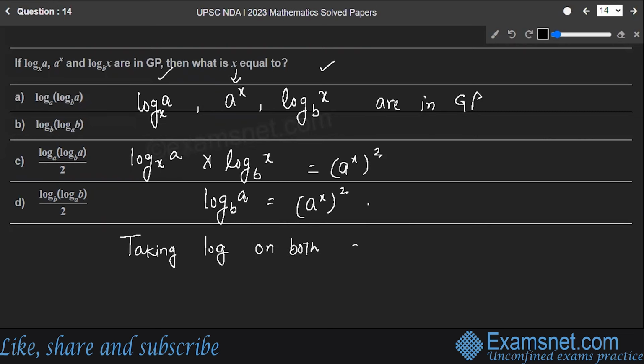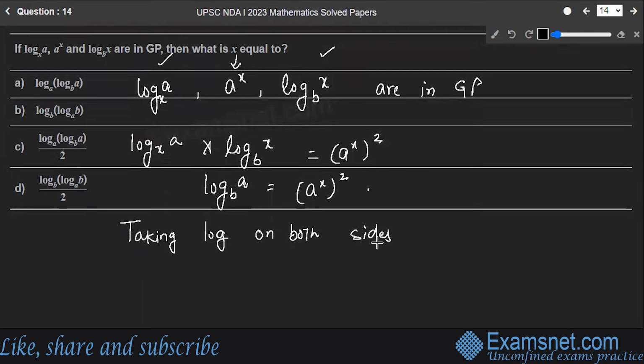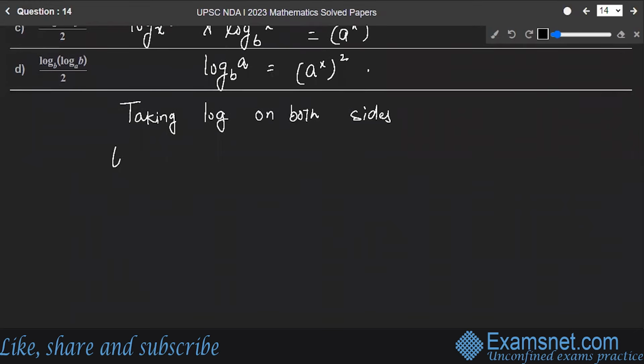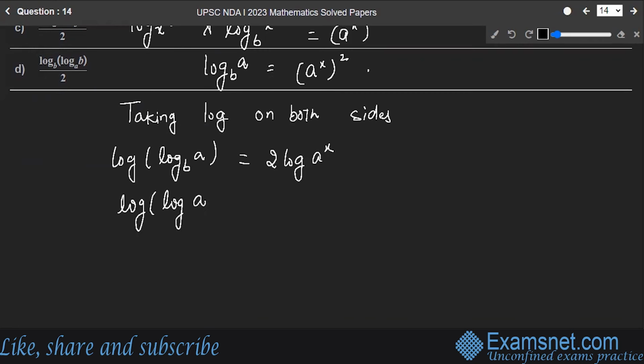Both sides. You will have log of log a to the base b is equal to 2 log a raised to power x. Further, log of log a to the base b is equal to 2x log a.